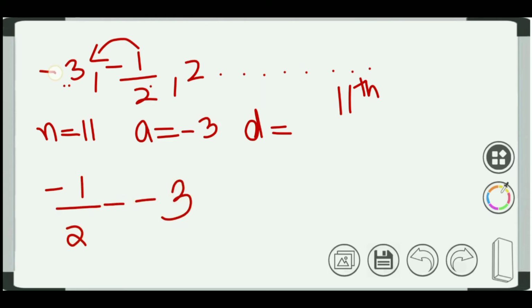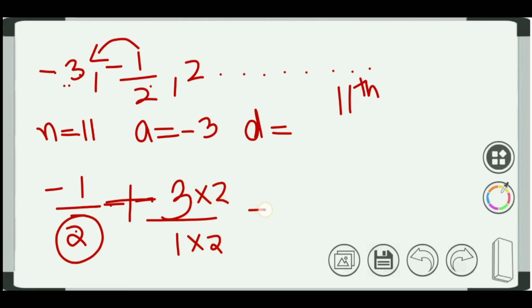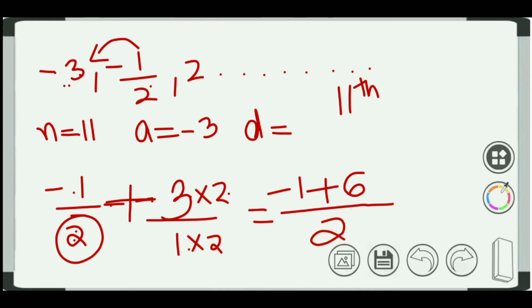This is minus 3. Minus minus will become positive. Okay, now we will take the LCM. Here it is 2, so we will multiply by 2 into 2 into 2, minus 1 plus 3 into 2, 6, divided by 2. 6 minus 1, 5, 5 by 2. So you got the common difference as 5 by 2.